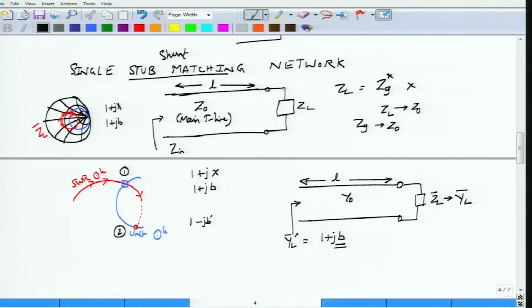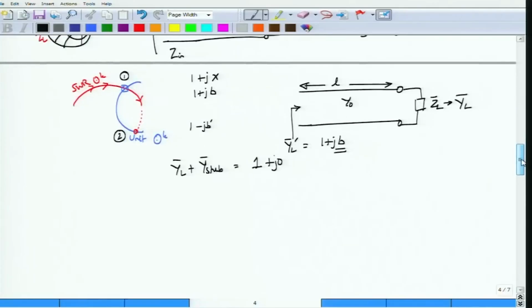How do I take out this jB? Well, mathematically, simply add something to this, let us call that the stub admittance, such that the result is 1 plus j0. Now I already know this YL prime, which is the admittance seen looking at a distance L, the point where the SWR circle has met the unit circle.